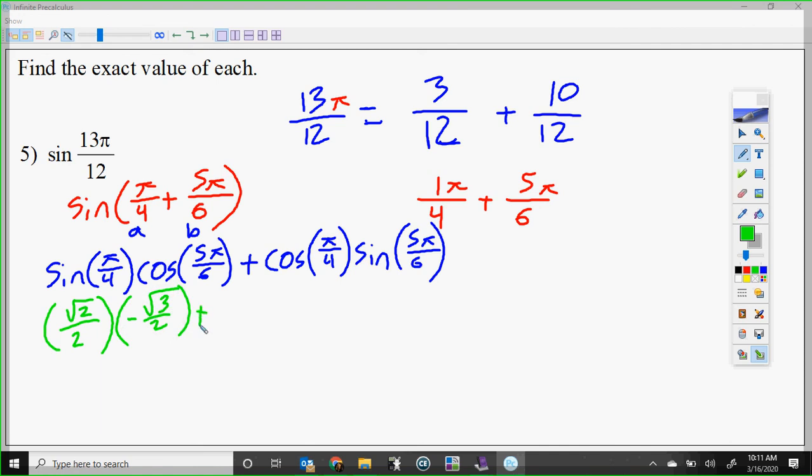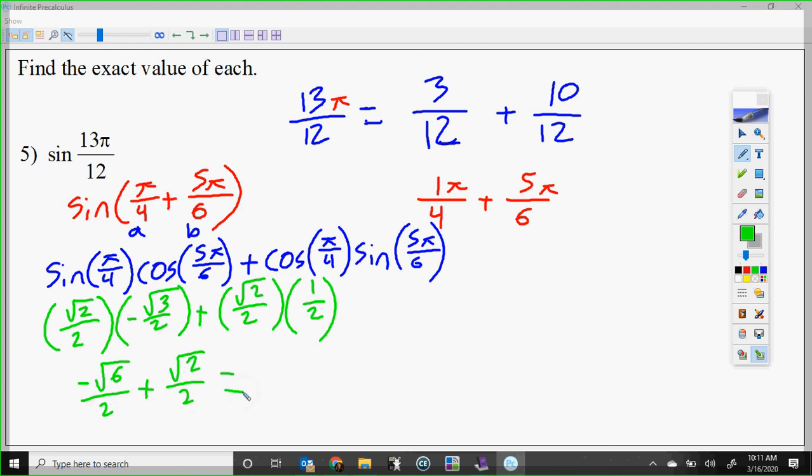Cosine of pi over 4 is square root of 2 over 2. Sine of 5 pi over 6 is 1/2. If I multiply, negative square root of 6 over 2 plus square root of 2 over 2. Combine them into one fraction and I get negative square root of 6 plus square root of 2, all over 4.